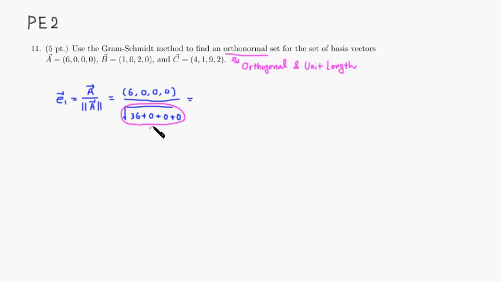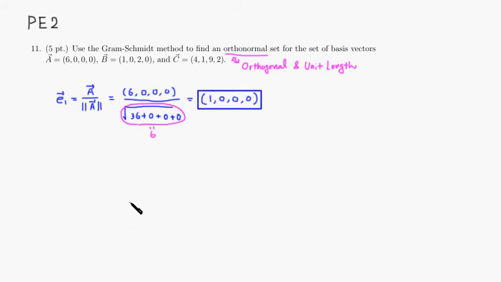Dividing 6, 0, 0, 0 by 6 gives simply 1, 0, 0, 0. So this is the first basis vector, E1.